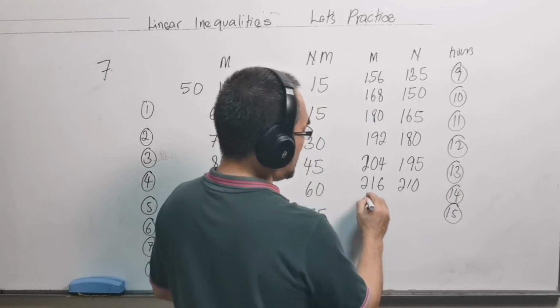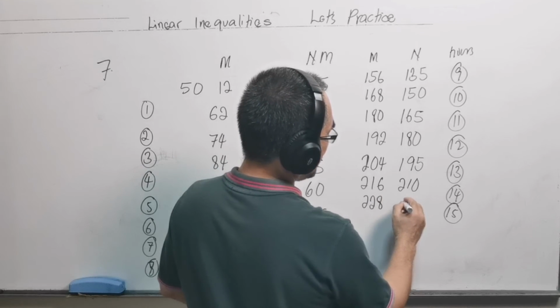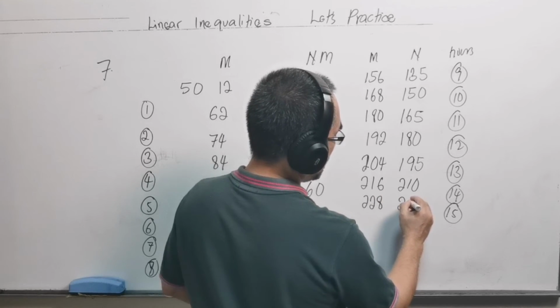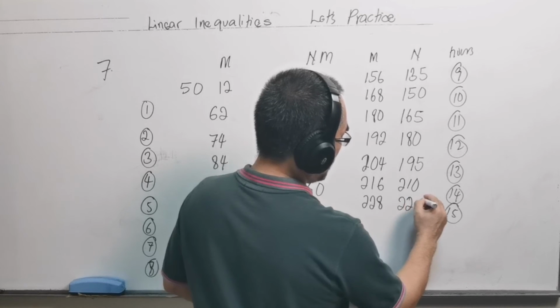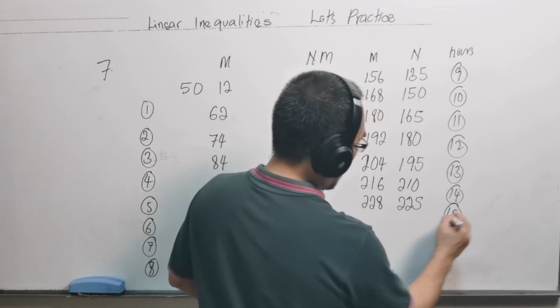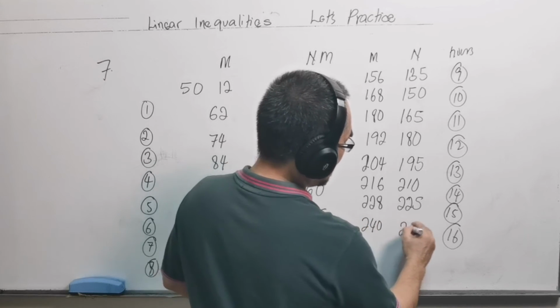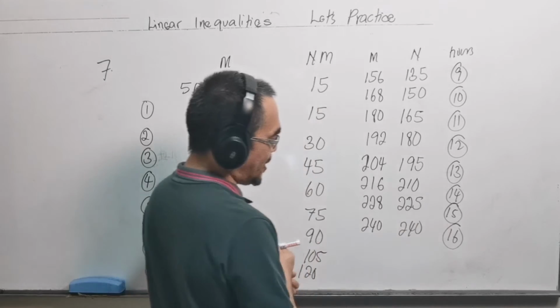Another hour, so this is 228, and this is 225. 16 hours: this is 240, and this is 240.